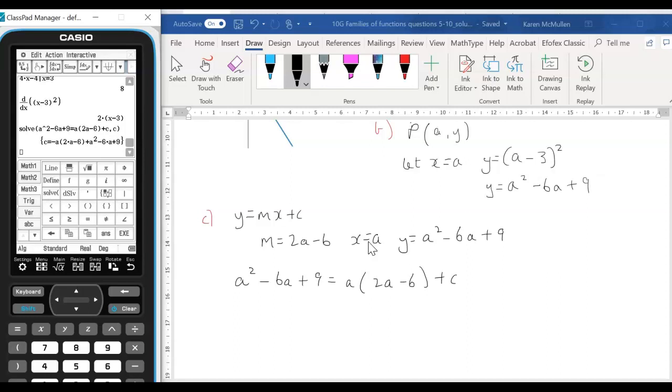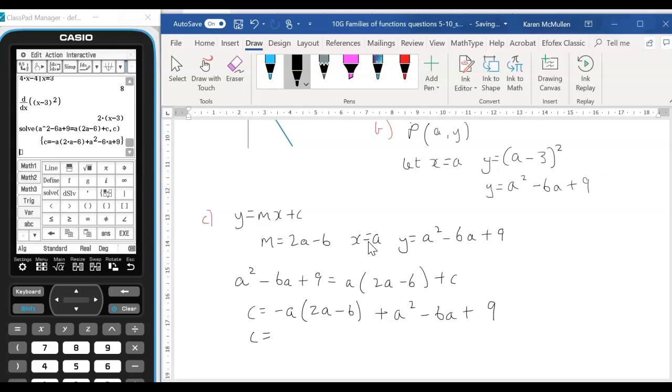So c is equal to, what have we got? Negative a times (2a minus 6) plus a squared minus 6a plus 9. This is a long one. Let's see if we expand this whether we can cancel some things out.